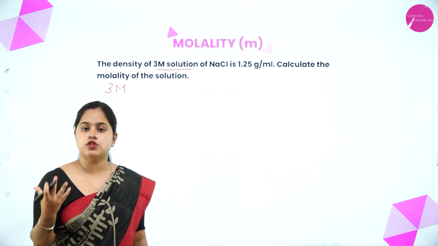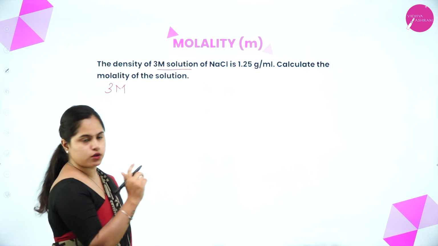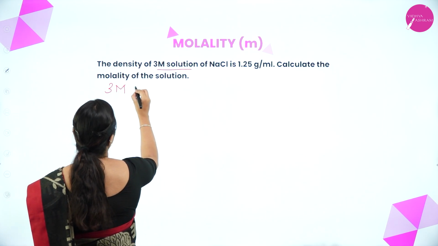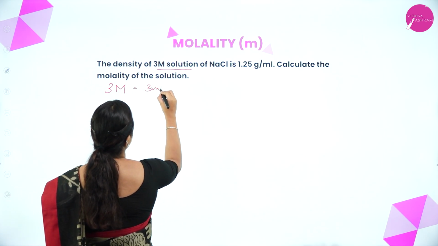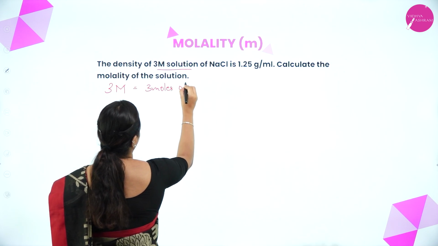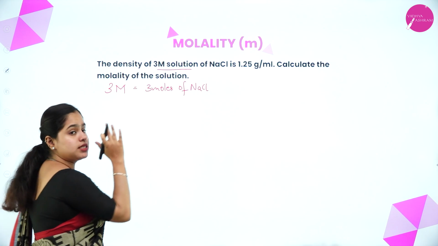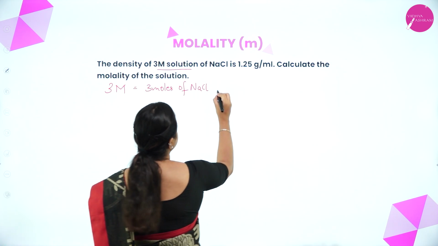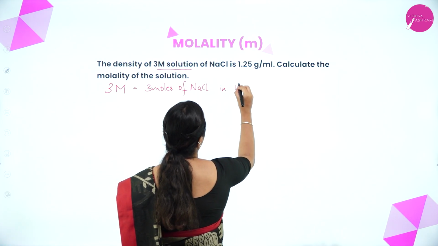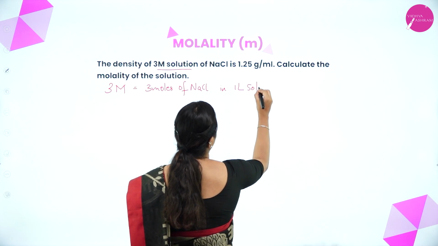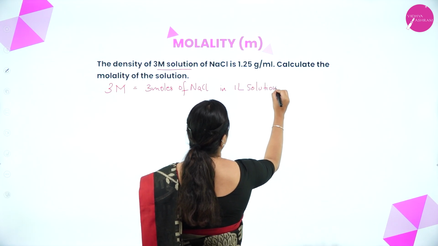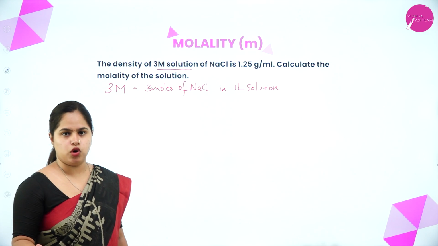Molarity is the number of moles of solute present in 1 liter of your solution. So 3 molar means 3 moles of NaCl, you know the solute is NaCl, is present in 1 liter of your solution, right? So this is what is meant by 3 molar solution.